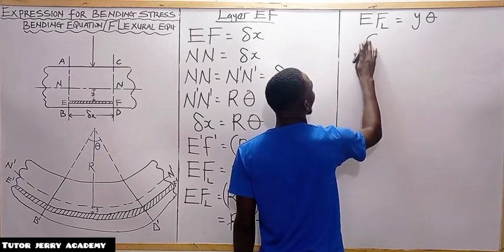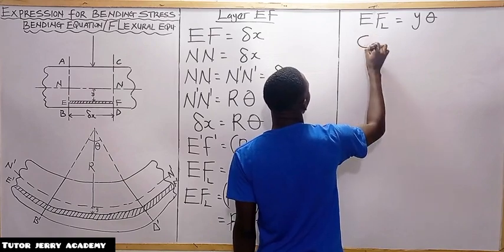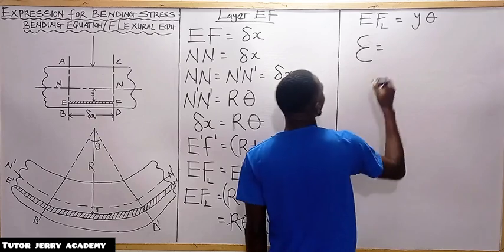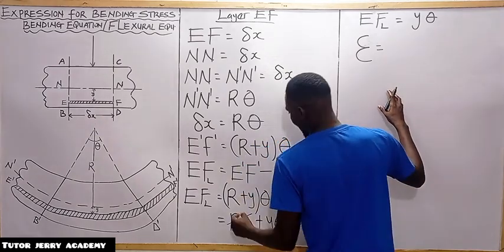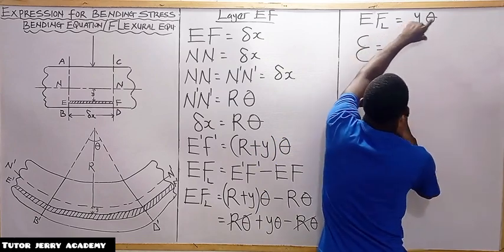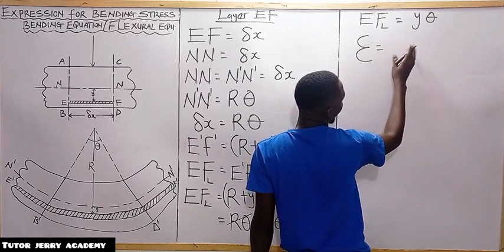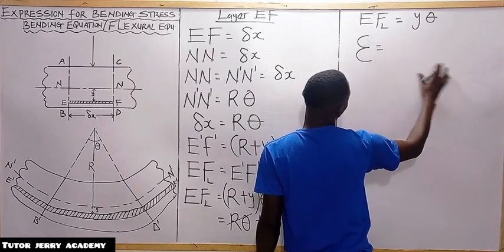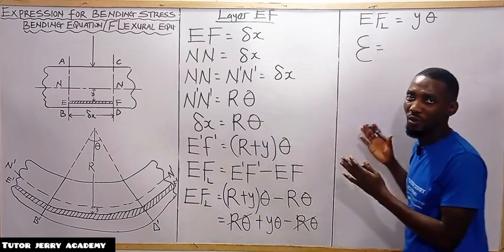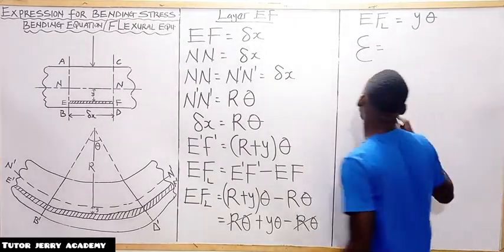So the strain in this layer EF, which is denoted as this, sorry, it's too big. So the strain is equal to increase in length, which is Y theta. I would have loved to write increase in length over original length, but please, I want you to follow this closely. Maybe you can just write it. I'm trying to manage my space.